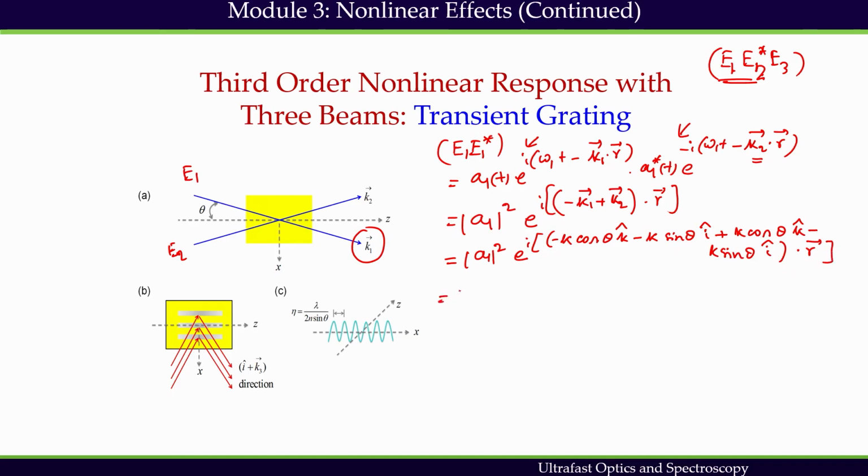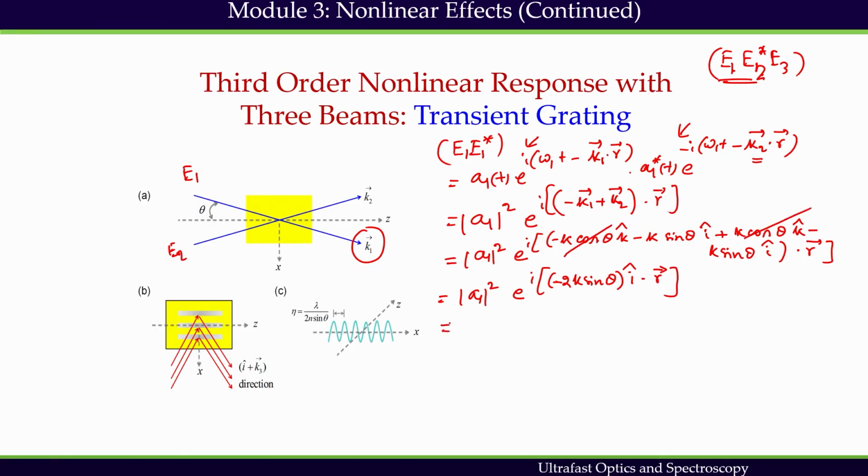We can further simplify to A1 modulus squared e to the power i, then minus 2k sine theta i-hat dot r. This is what we get, because the cos theta is cancelling out, so I get only the sine theta term.